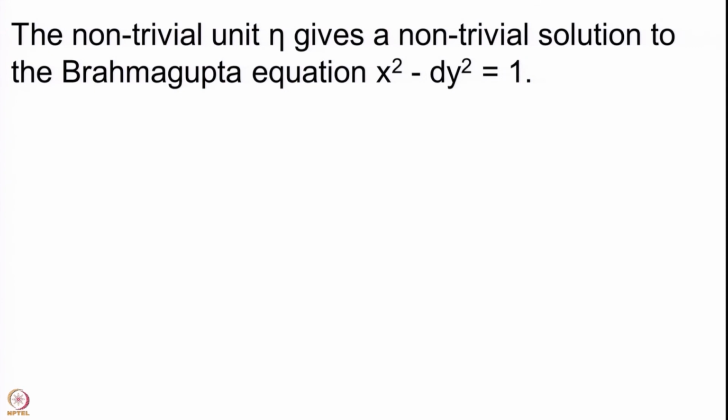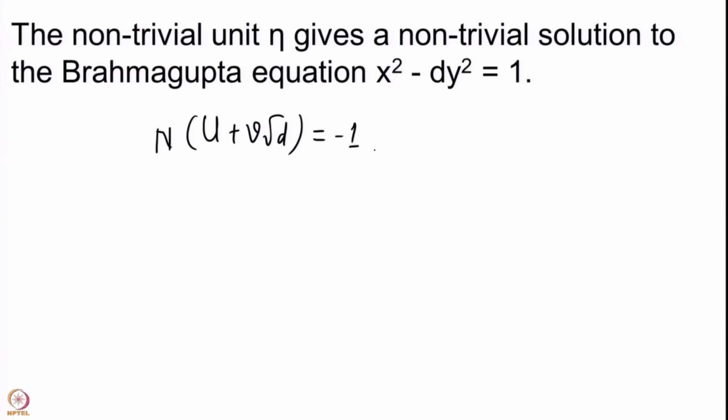A non-trivial unit eta will give you a non-trivial solution to x squared minus d y squared equal to 1. This is because your unit will have norm which is either plus 1 or minus 1. If the norm of u plus v root d is plus 1, then you have the solution to the Brahmagupta equation.